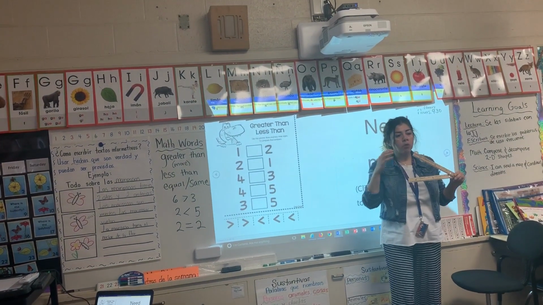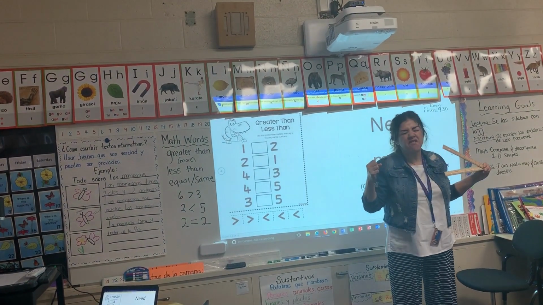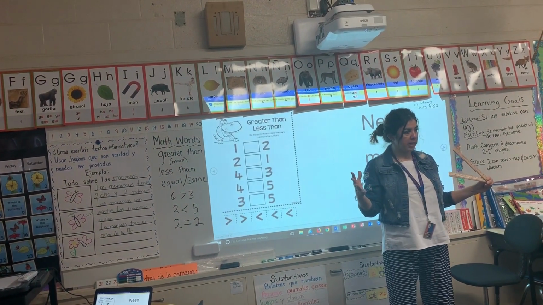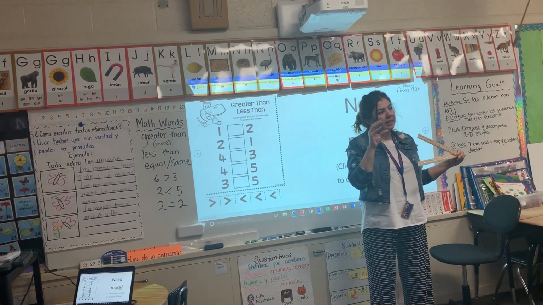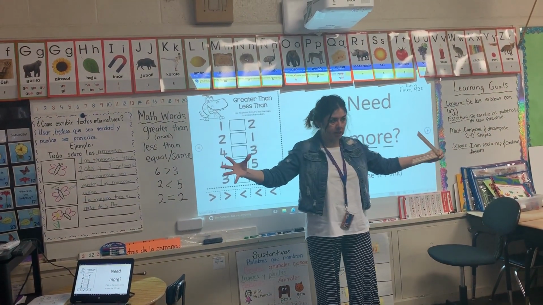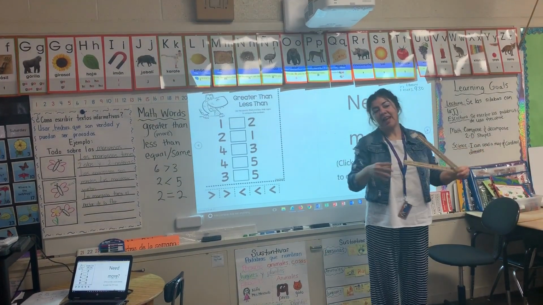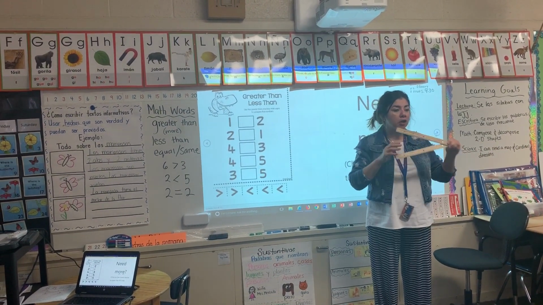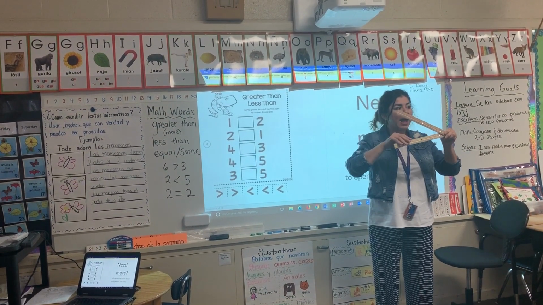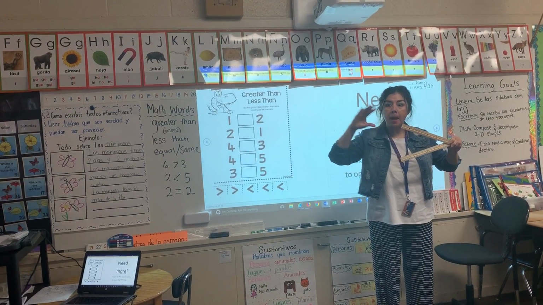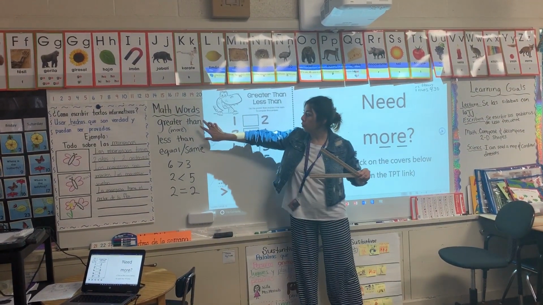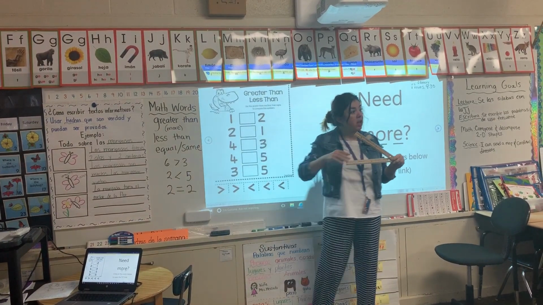So what the crocodile wants to do, if it's a very, very, very hungry crocodile, does it want to eat a little bit or does it want to eat a lot? A lot. That is correct. So the crocodile's mouth has to be where the number is more or greater than. Okay? Greater.